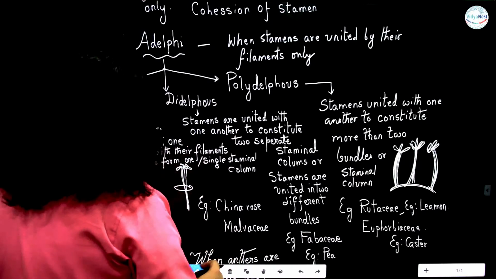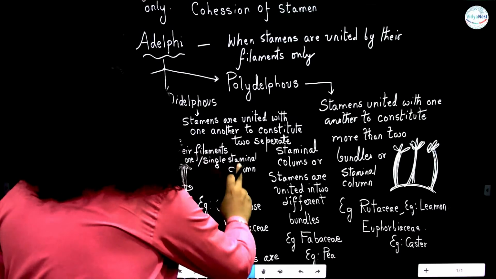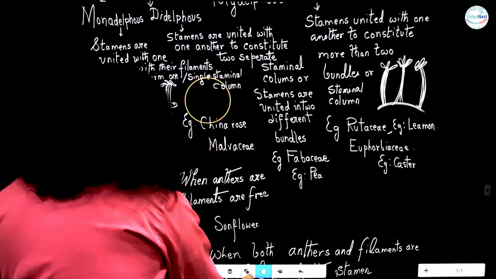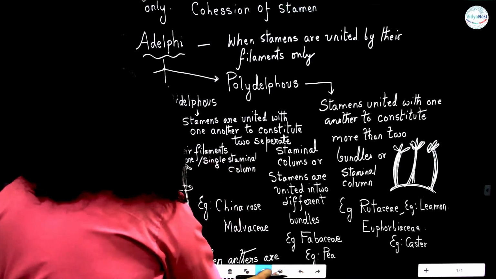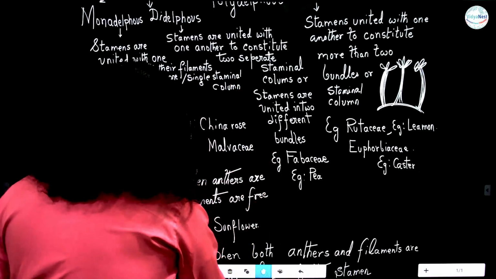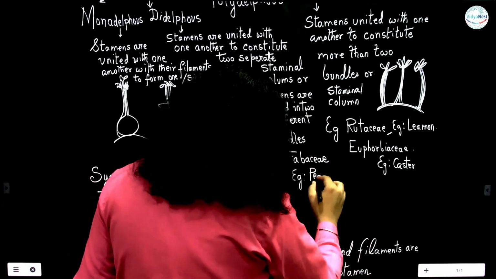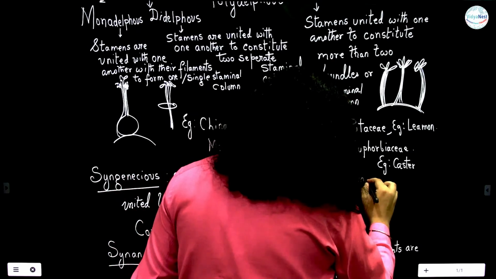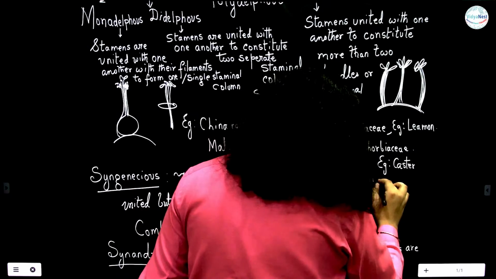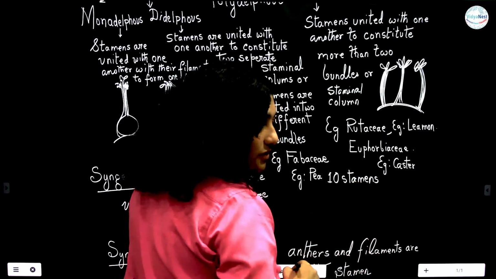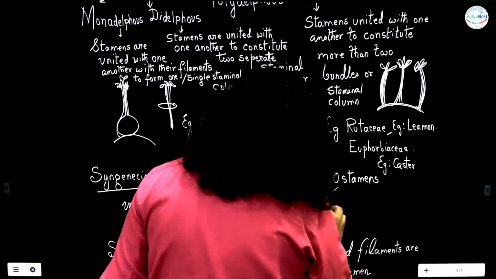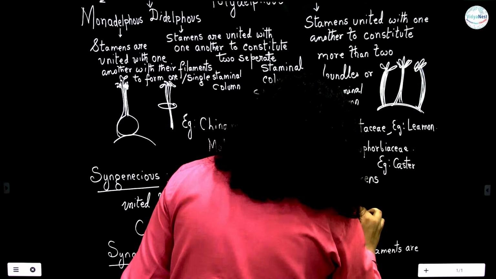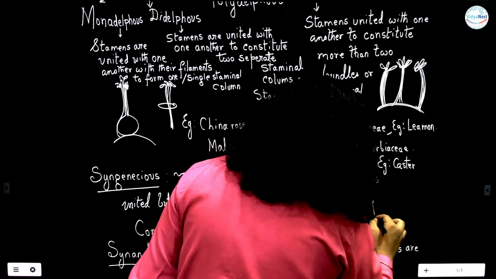Here what happens, there is a condition in the pea plant where we see there are 10 stamens, and out of these 10, 9 of them show fusion. 9 are fused with their filaments, while one is free.